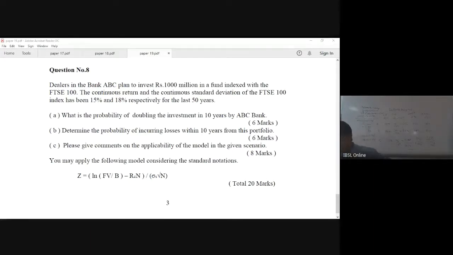Minus 1.42. What is the value there? 0.0778, correct. 0.0778.